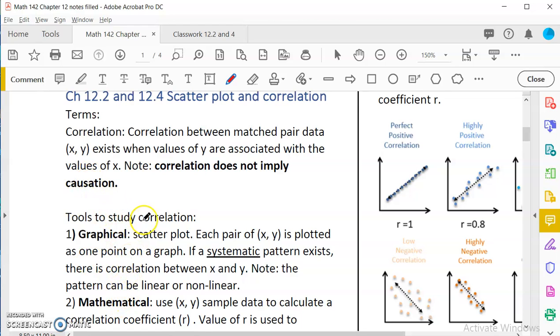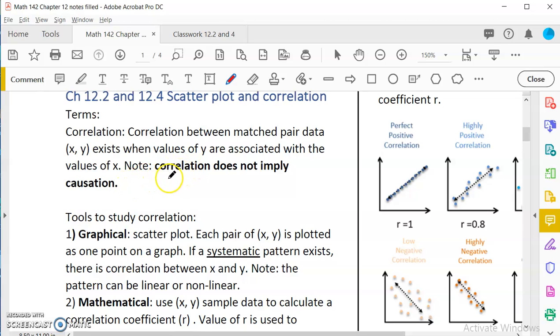But before we study correlation, one thing I want to emphasize is that correlation does not imply causation. Even if we say blood pressure is related to the amount of exercise that you do every day, it makes sense that exercise might affect your blood pressure: the more exercise you do, the lower blood pressure you have. But it is just a correlation.